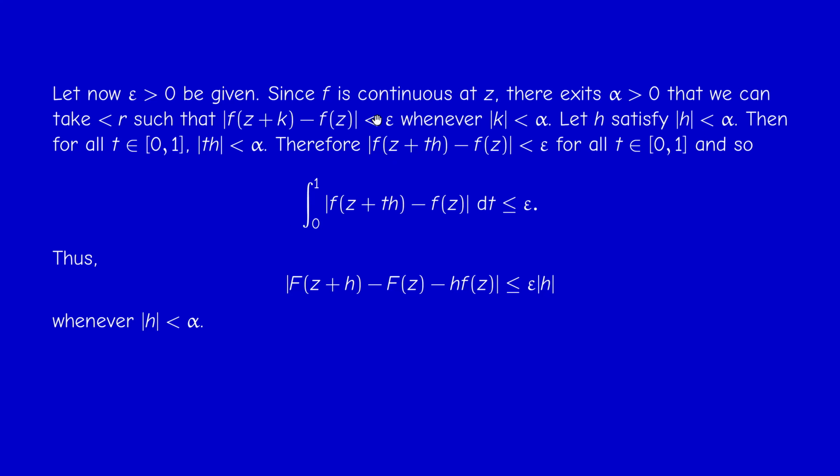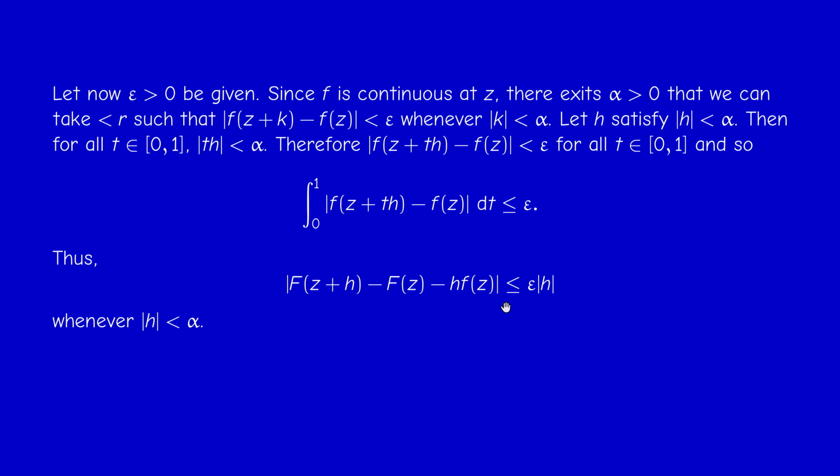And therefore, we know that we can integrate inequalities. This is true for every t. I just integrate. And I get the integral of epsilon from 0 to 1, which is just epsilon. Right? And that's it. I proved that my integral is less than epsilon if h is small enough. And I already have an h outside in modulus. So I proved that this difference is a small o of h.